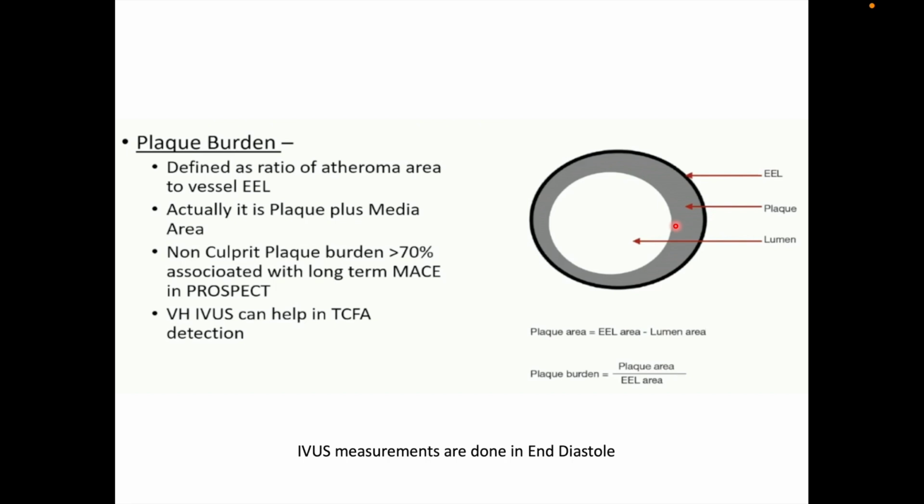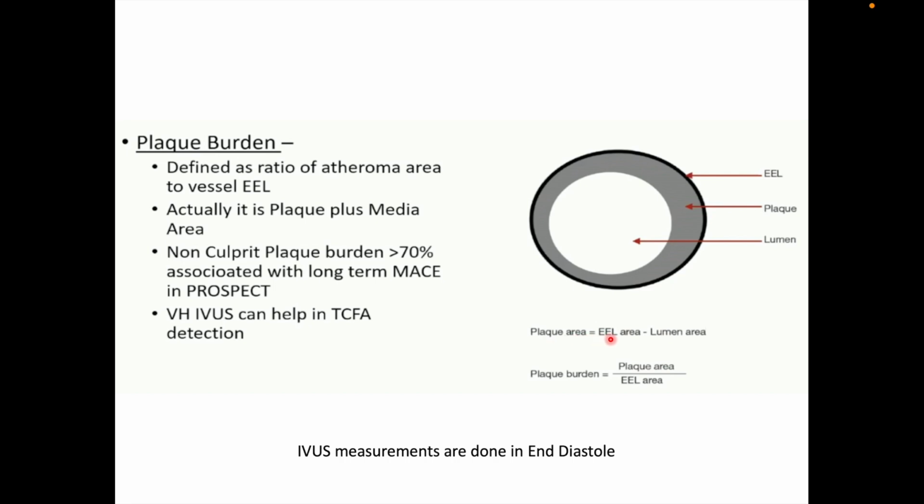Now, to calculate plaque burden, what you need to do is first calculate the plaque area. So how do you calculate that? You can calculate this lumen area by putting a red line here on this intimal border, and you've got this external elastic lamina area. If you subtract this lumen area from this external elastic lamina area, what you are left with is the plaque area. So this is what's written here.